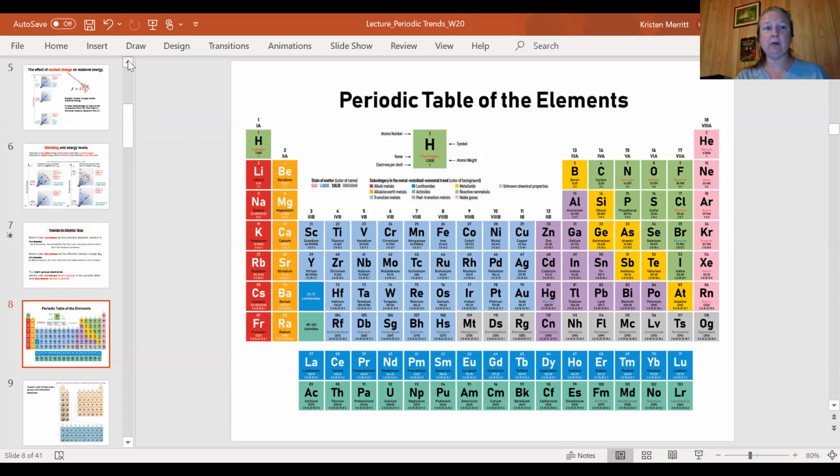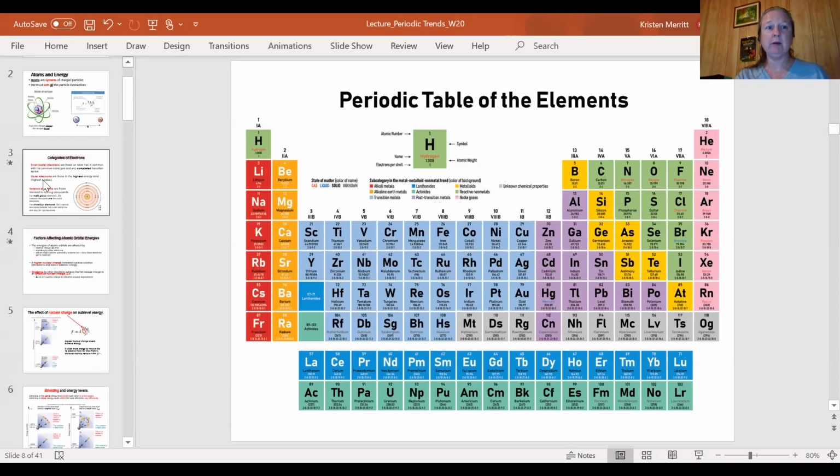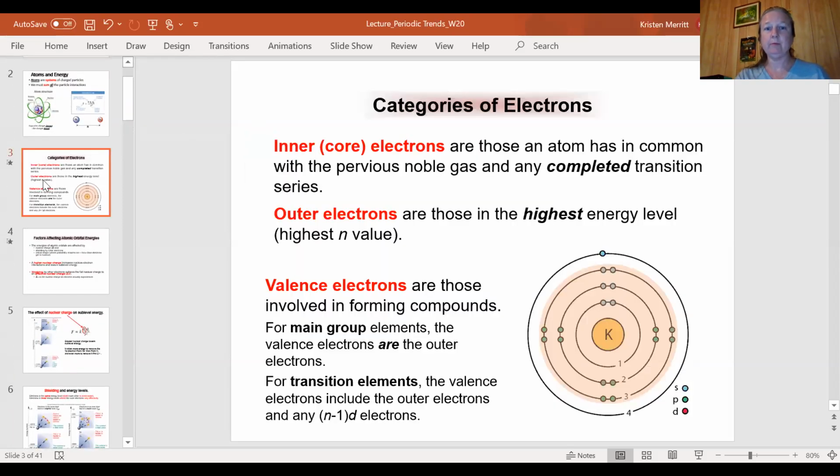The d, once it's filled, becomes inner. Okay? So your n number determines outer versus inner, what shell you're talking about. So that's just terminology.